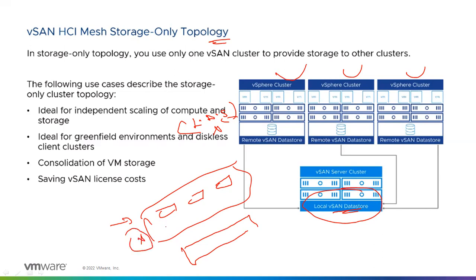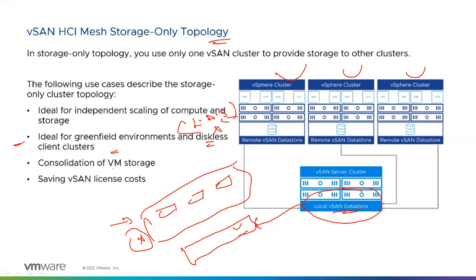At that point I'll create it, and later on I can mount the remote vSAN data store. So simply I can use a compute-only cluster, and later mount the vSAN data store from the remote vSAN cluster. Correct. So this is ideal for greenfield environments or diskless servers.